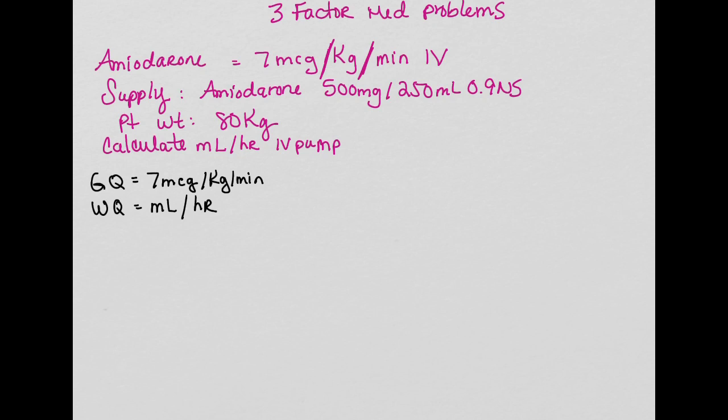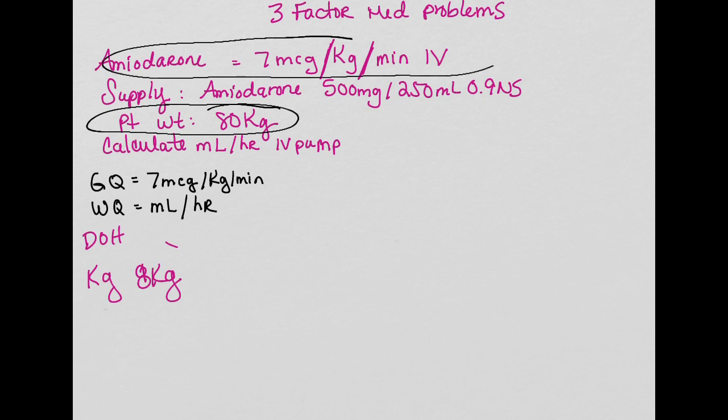So the given quantity on this is 7 micrograms per kilogram per minute, and the wanted quantity is mLs per hour. We have dose on hand also, and we have a kilogram, so the patient weighs 80 kilograms. So I'm trying to get as much information, and I'm switching between inks. We have 80 kilograms. We've gotten this taken care of. And mLs per hour we're looking at, right?